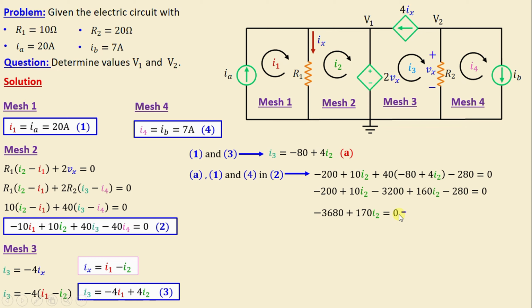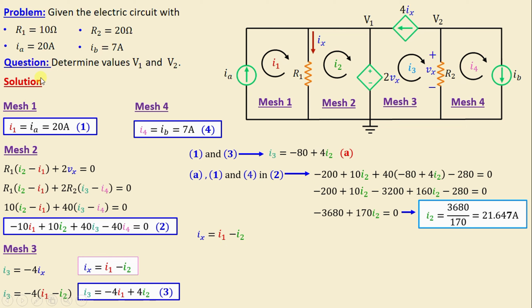That means I2 is equal to 3680 over 170. We get I2 is equal to 21.647 amps.